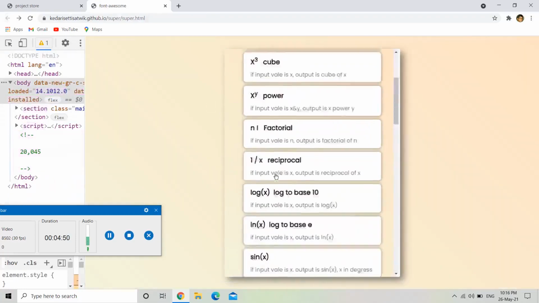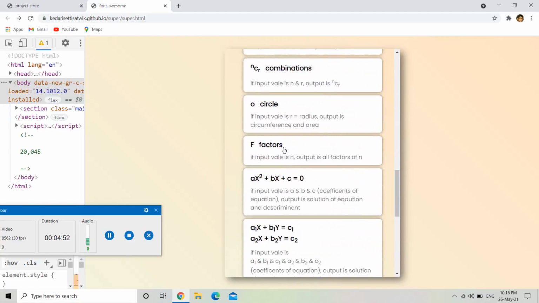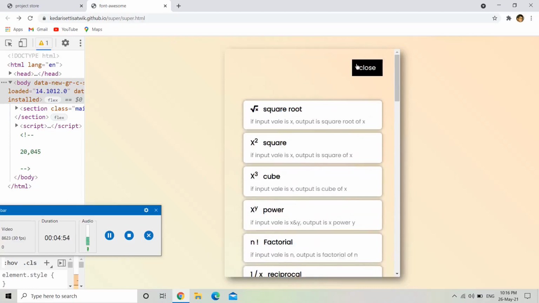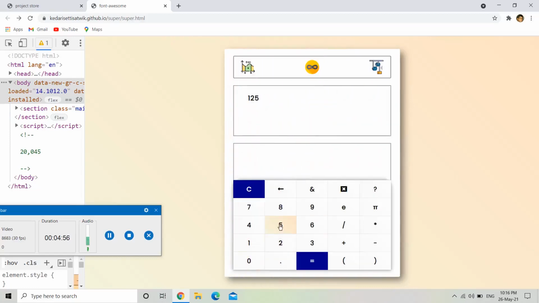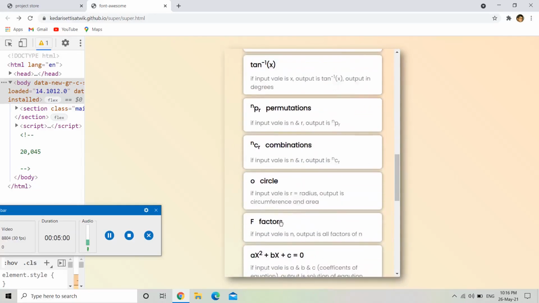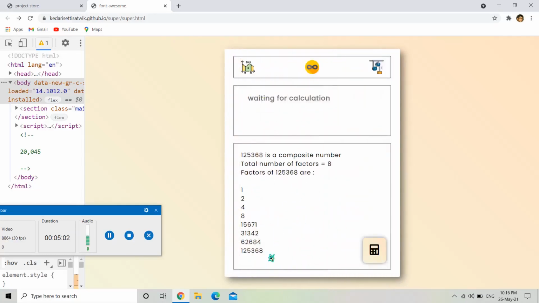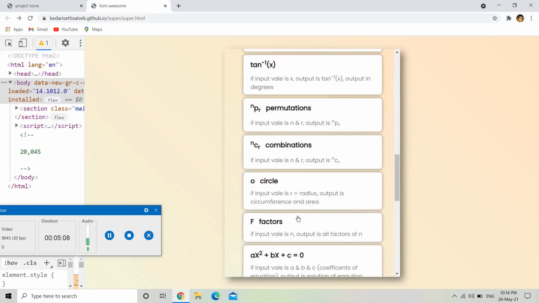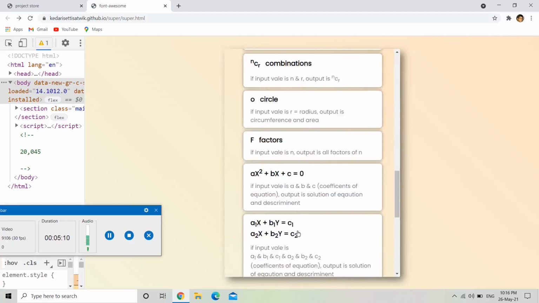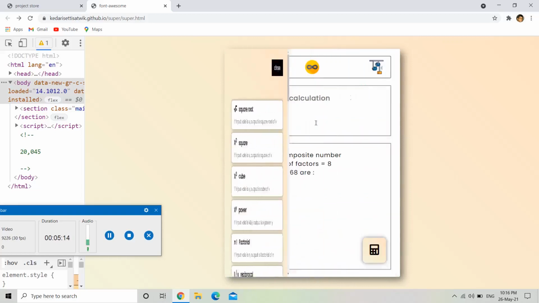And we will see another term. Here are factors. If we write any big number and click on this button, it will display all the factors of that number, and it will tell how many factors there are. And here is another thing, quadratic equation solver.